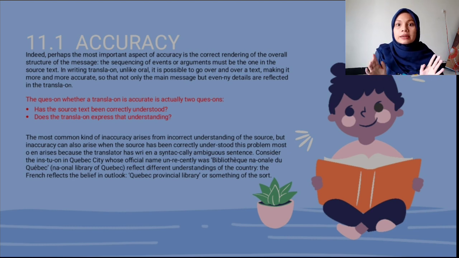Message index prepares the most important aspect of a query is the correct reading of the overall structure of the message. This sequence of events of argument must be the one of the source text, and accurate translation does not have to be false translation, nothing to do with reader translation of used vocabulary and sentence structure of the target language, which are close as versatile tools of the source language. A query has strictly to do with the message.